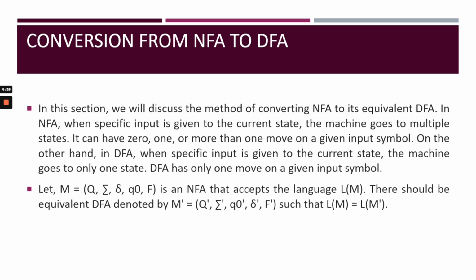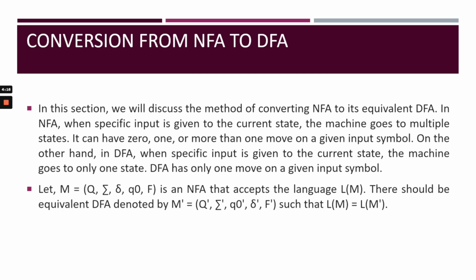It can have 0, 1 or more than one move on a given input symbol. On the other hand, in a DFA, when a specific input is given to a current state, the machine goes to only one state. A DFA has one move on a given input symbol.